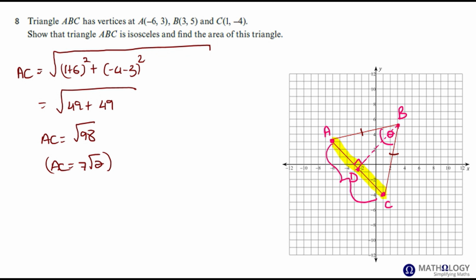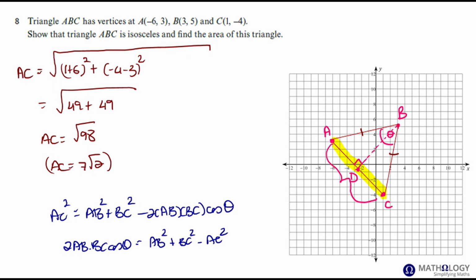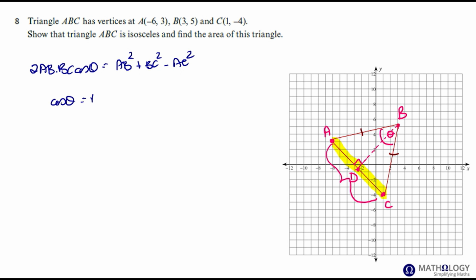We can now use the cosine rule to find theta. So AC squared equals AB squared plus BC squared minus 2AB BC cos theta. Cos theta equals AB squared plus BC squared minus AC squared over 2AB BC.